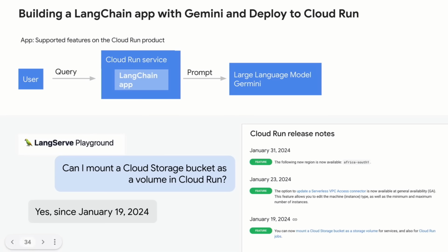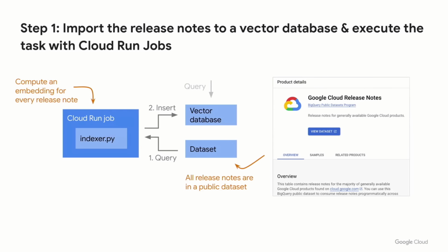If I ask, can I mount a Cloud Storage bucket on Cloud Run, the app is going to find the release notes that are relevant to the query, and then it's going to prompt Gemini with this information, and it will give an answer. And then we're going to break this app into a two-step approach.